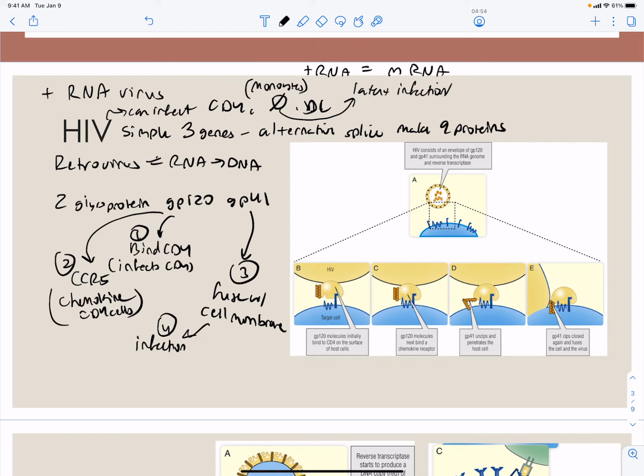And so when this RNA goes to DNA, this is going to incorporate into the host genome. And so it becomes part of that cell. And so when that cell divides, HIV divides. When that cell divides, HIV is in the parent cell and the daughter cell. So HIV becomes part of your genome.